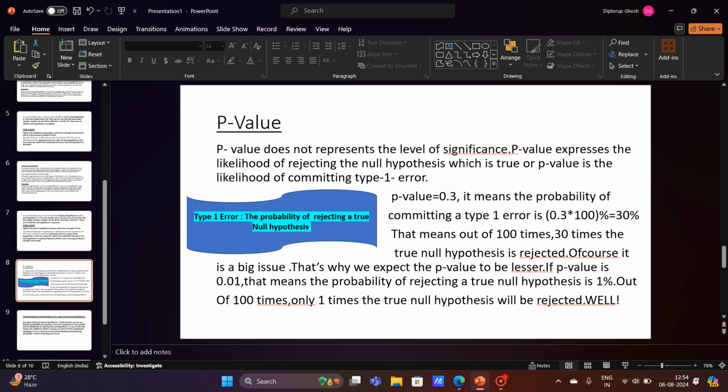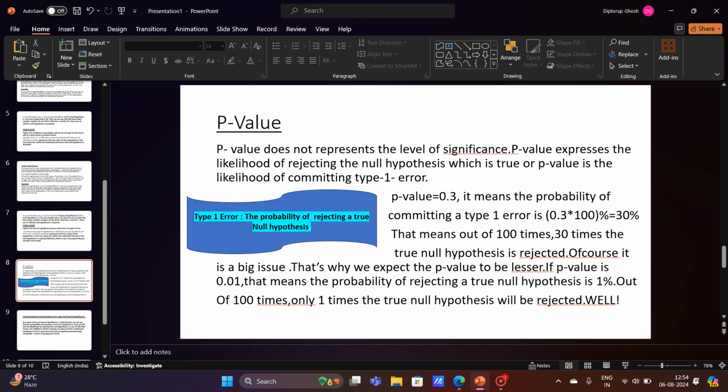If the null hypothesis is true and still we are rejecting it and accepting the alternative hypothesis, then we are committing an error that is called type 1 error. So if we are rejecting the null hypothesis which is true, then that is represented by p-value.